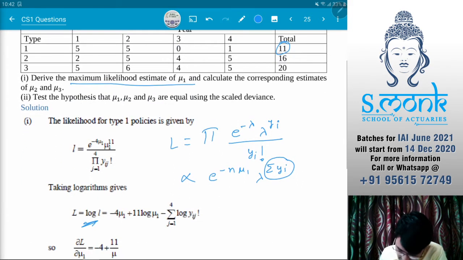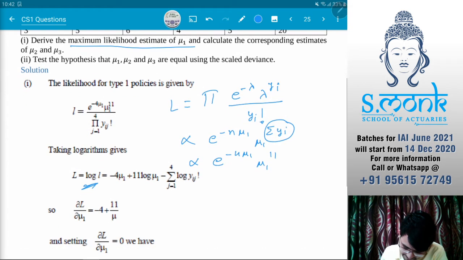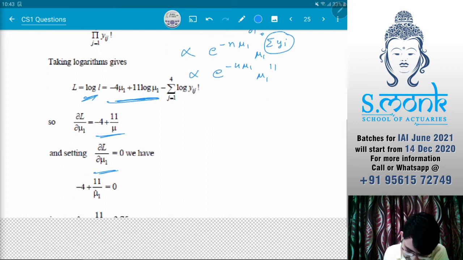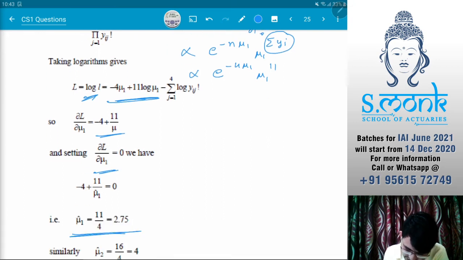Therefore we'll get proportional to e raised to minus 4 mu 1, and this is also mu 1 raised to 11. Then take log on both sides, differentiate and equate it to 0, and you will get mu hat 1 equals 2.75.